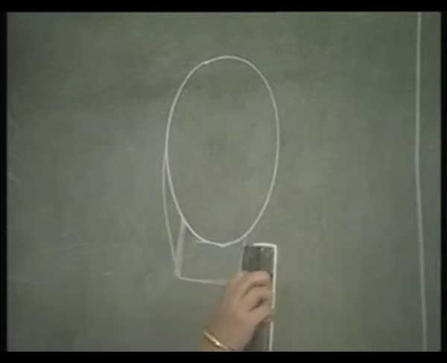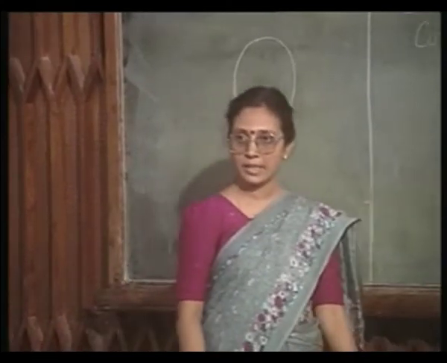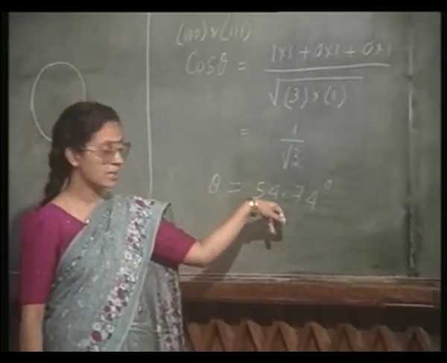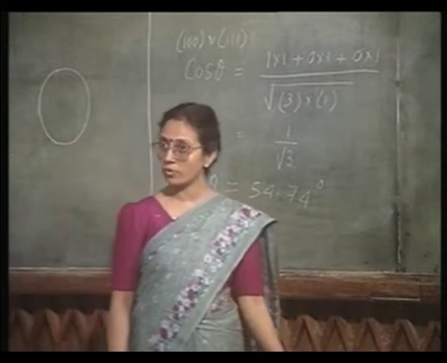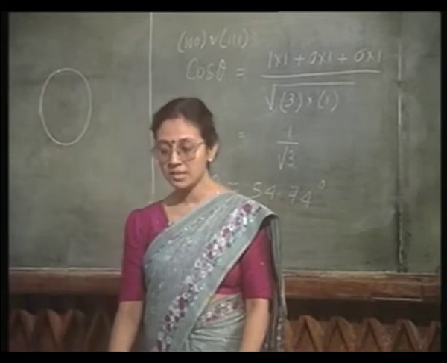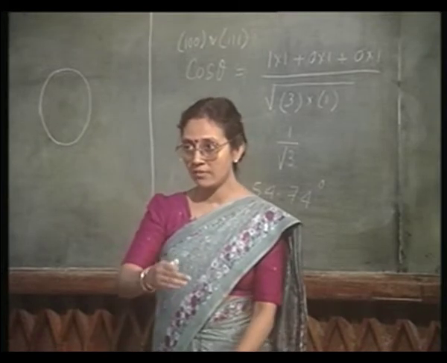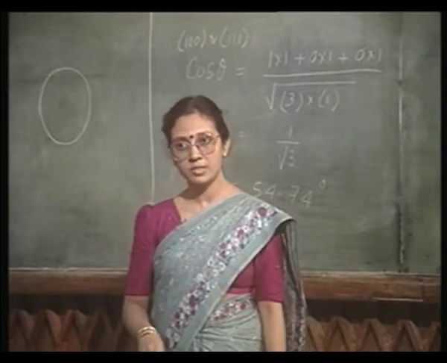You have already seen that the 1 1 1 plane is going to meet the 1 0 0 plane at the surface at this angle of 54.74 degrees. That means, it never cleaves vertically, it always cleaves at an angle of 54.74 degrees.